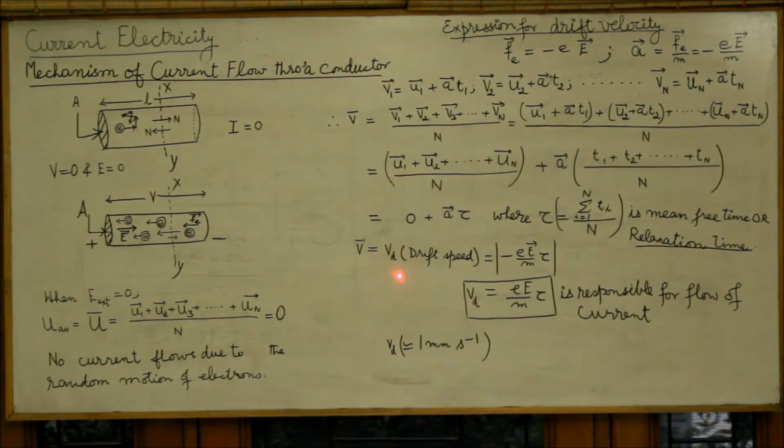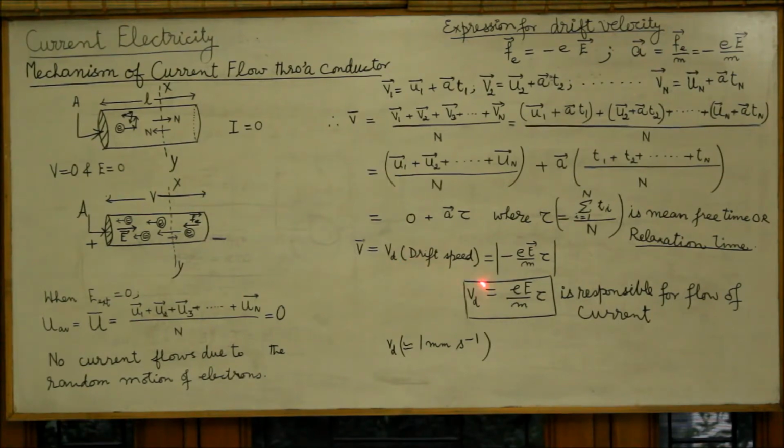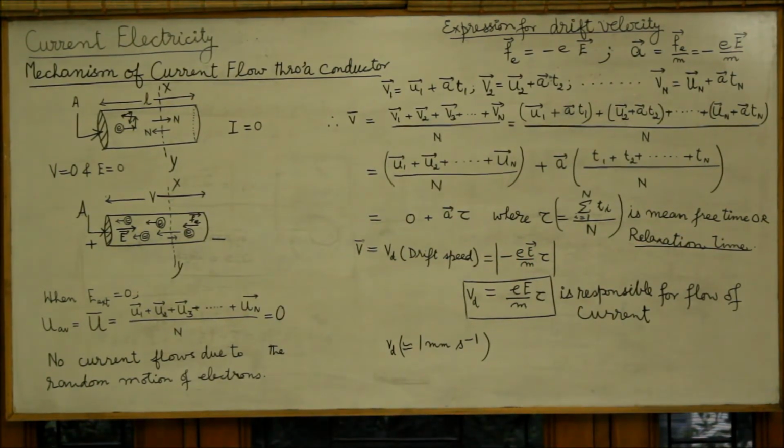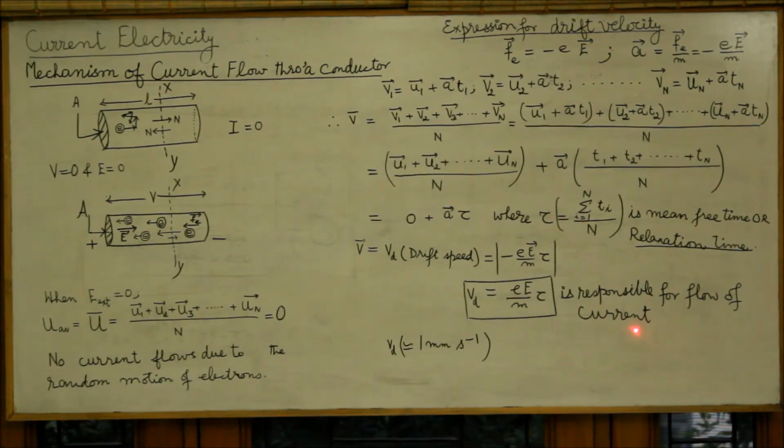This velocity a tau, which is now non-zero due to the external field, we call the drift speed of the electrons. This is against the direction of the field, as is clear from the negative sign. So drift velocity is minus e capital E over m into tau, and drift speed is e capital E upon m into tau. This drift speed is responsible for the flow of current in a conductor.